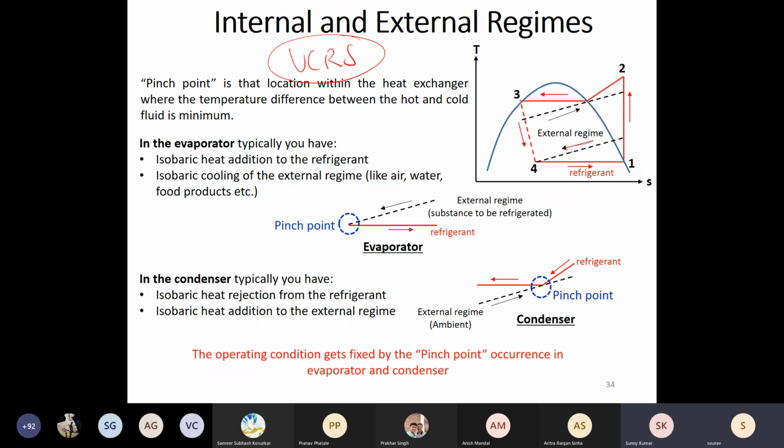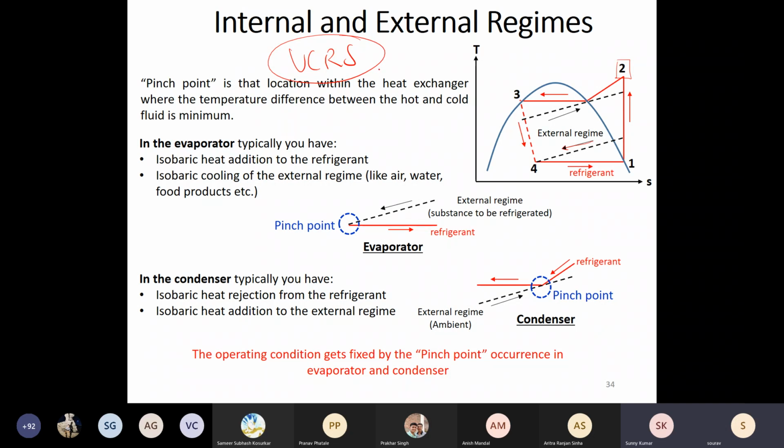Okay. Now on the condenser side comes the complexity. On the condenser side, once the refrigerant comes out from the compressor, it is in the superheated regime. It is not at saturated vapor condition.